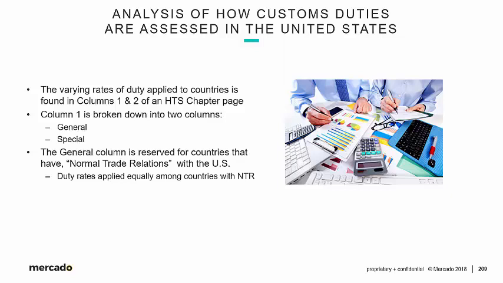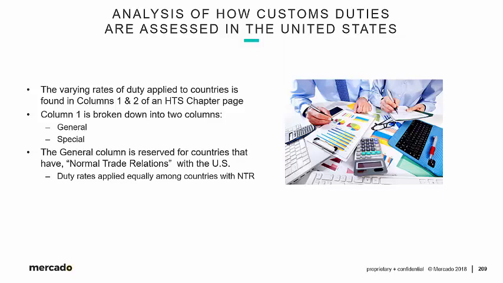We know that column 1 is broken down into 2 columns, the general and the special. General for countries with normal trade relations with the United States, and special for both preferential duty programs and free trade agreements. To summarize, last bullet, that general column is for sure reserved for countries that have NTR, normal trade relations with the United States.